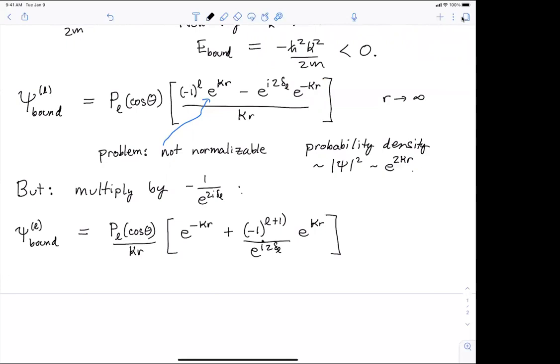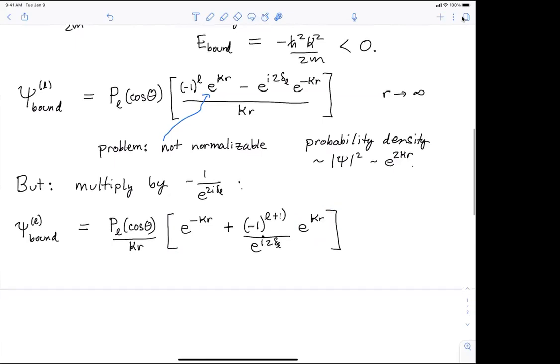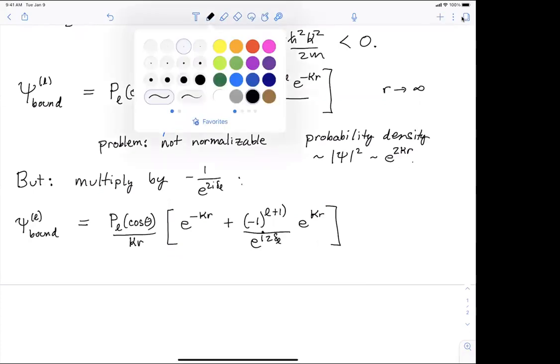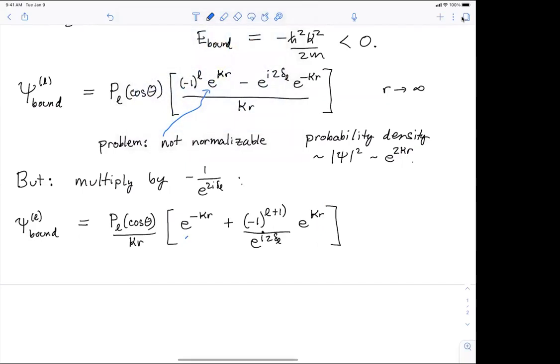Okay, so we haven't really got rid of the problem yet. It's still here. This term is still trying to make the probability density be very large and farther away from the origin. So what we're going to do instead is we're just going to kill that term. Okay, so this term is okay, and this is the bad term.